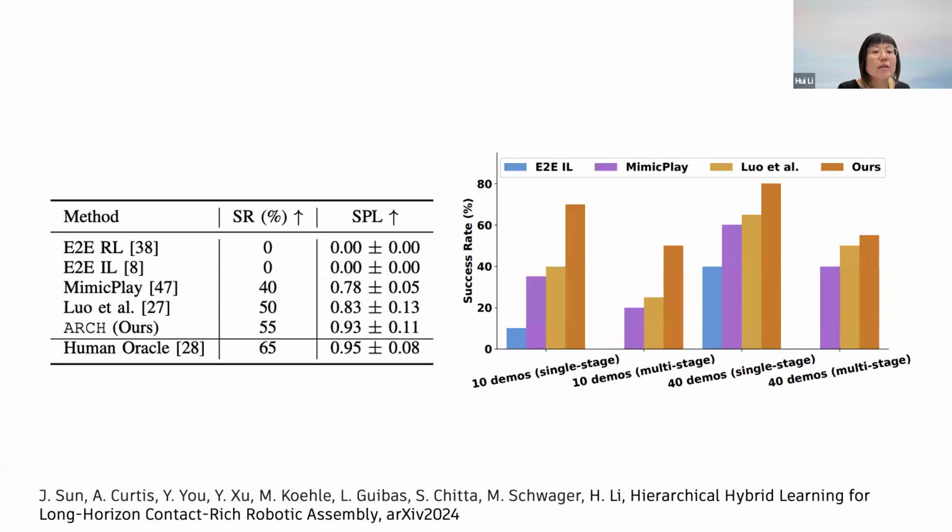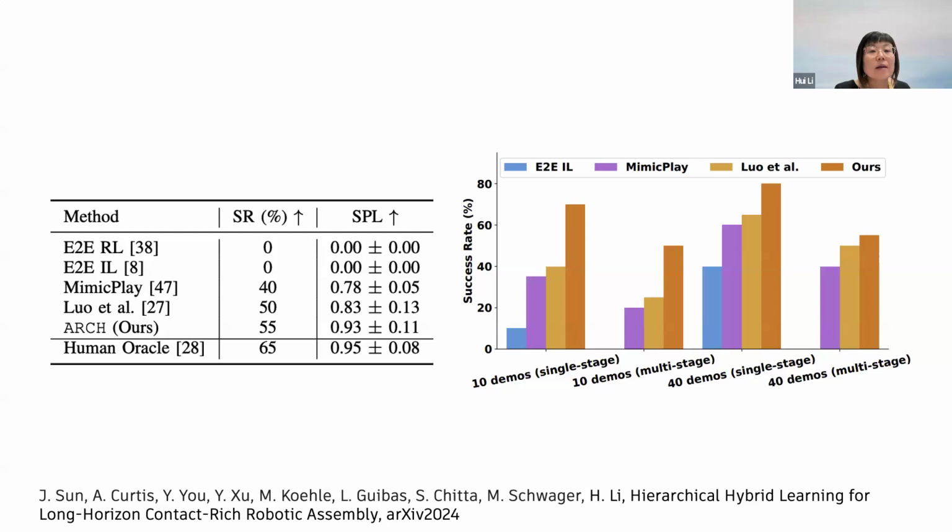Here are some comparisons with baselines. We show success rate as well as success rate weighted by path length. We consider the human oracle as the upper bound on the performance, and we perform better than other hierarchical approaches, while the end-to-end approaches just completely fail.